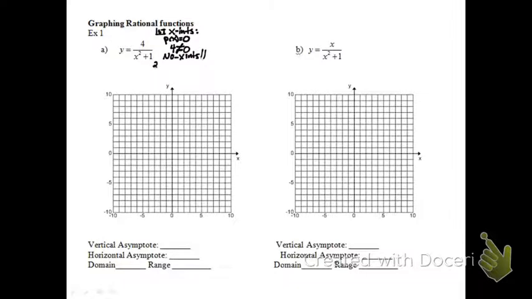Let's go on to our second step, which was to find the vertical asymptote, right? So the vertical asymptote is going to occur when q of x equals 0. Well, that's the denominator. In this example, the denominator is x squared plus 1. And we're going to find when that equals 0. If I solve that, I'd have to subtract 1 from both sides, giving just x squared equal to negative 1.